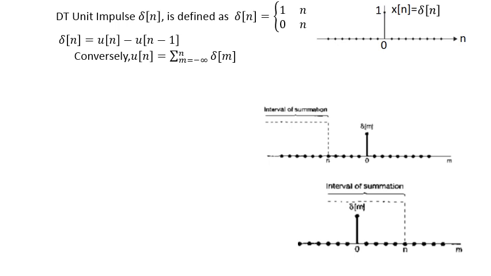The step function equals the summation of m running from minus infinity up to n of impulse of m. You must keep the definition in your mind, then it's very straightforward. The step function has a value of 1 when its argument is positive.